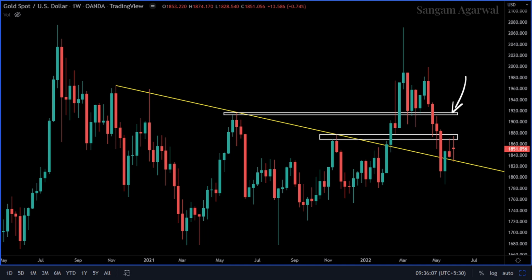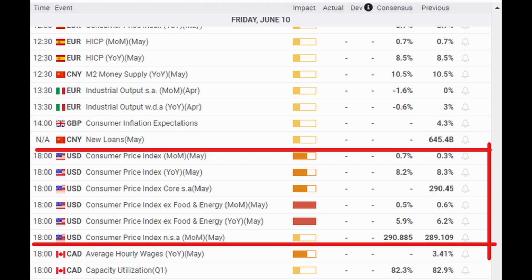To get a clear answer where gold price will go, it will break this low and retest the 1677 horizontal support area, or it will break these two resistance levels and make a new all-time high. These two questions depend on CPI data, which will come on Friday, June 10.